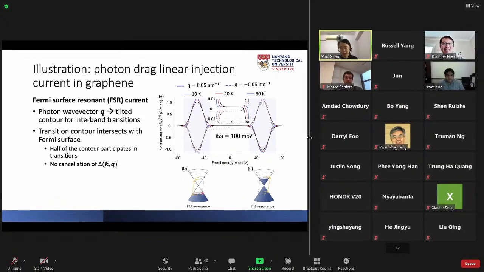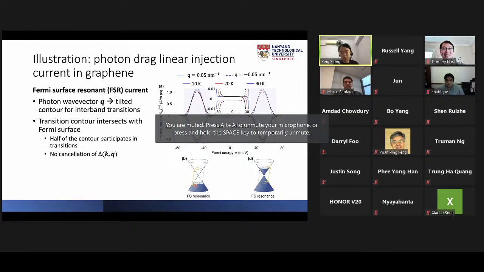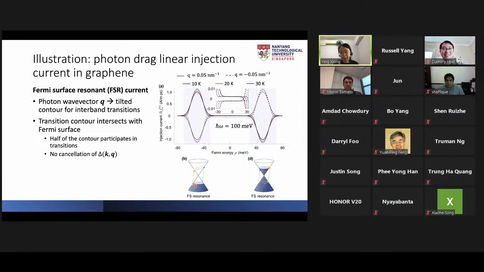As a result, when the Fermi surface is inside the valence band, it intersects with the transition contour, such that only half of the transition contour, indicated by the yellow curve, is below the Fermi surface and can undergo interband transition, whereas the other half is empty and is not available for interband transition.